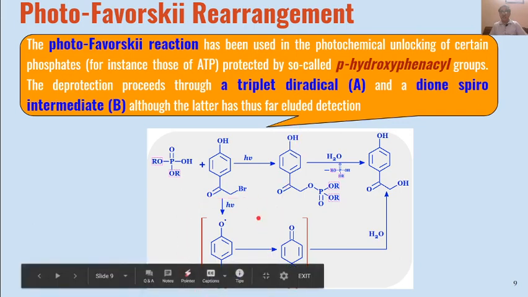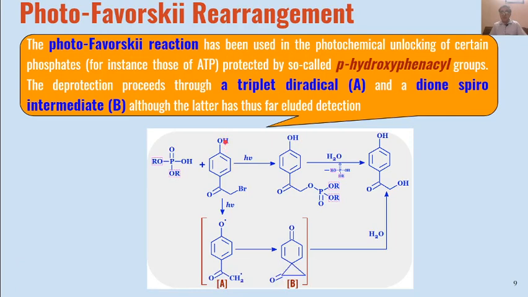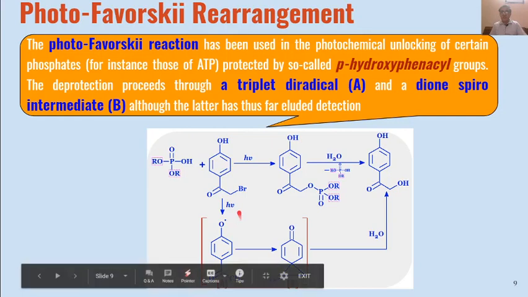In the first instance, this type of diradical is formed. H goes from here, a radical is formed at this place, and then this bond breaks to generate a free radical.